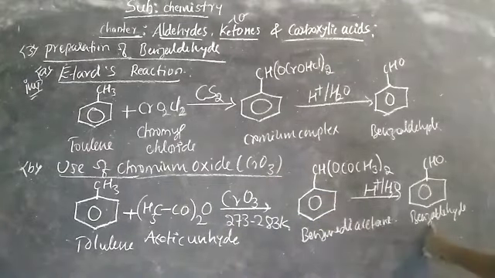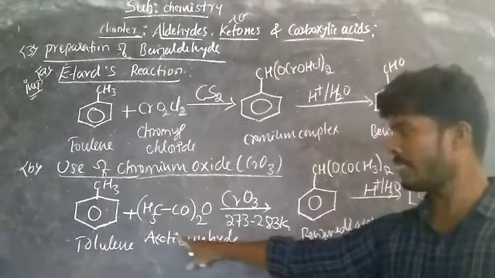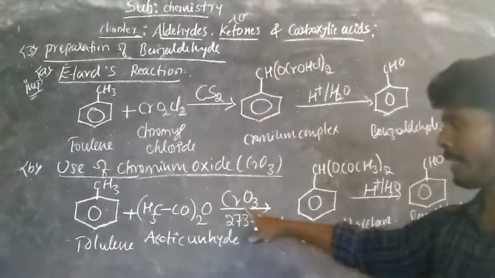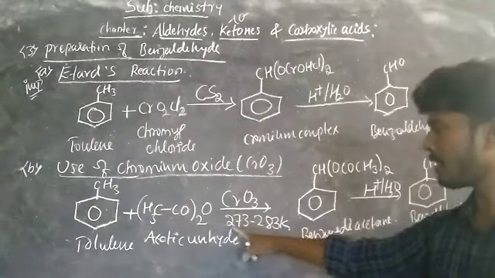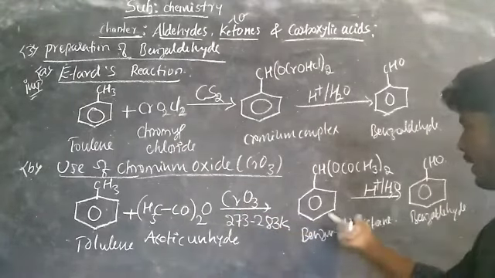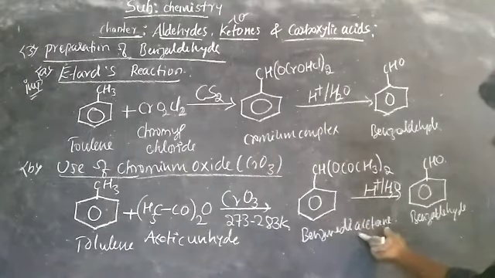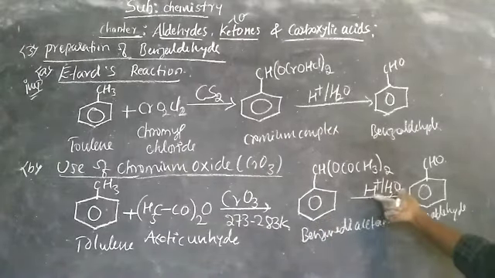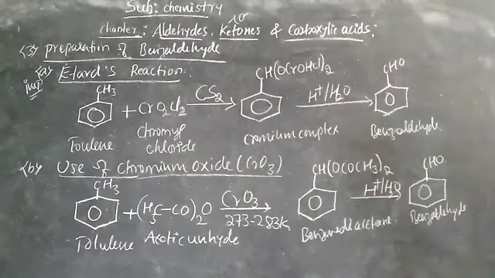Toluene reacts with acetic anhydride in the presence of chromium oxide at 273 to 283 Kelvin. You get benzene diacetate, which on acid hydrolysis gives benzaldehyde. Now take the third method.